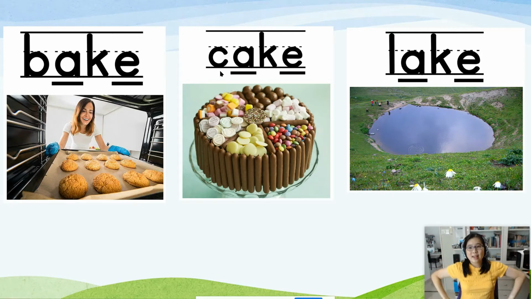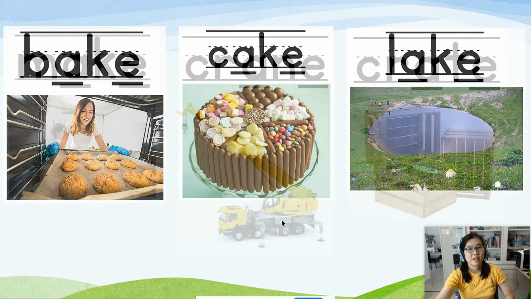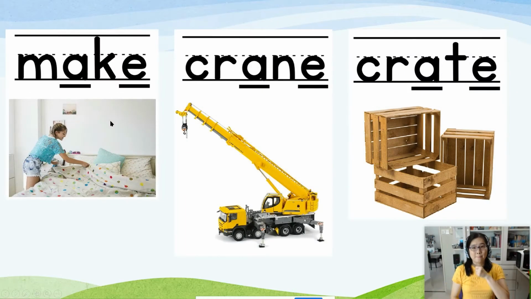The next one, L, A, K, lake. What about this one? M, A, K, make.